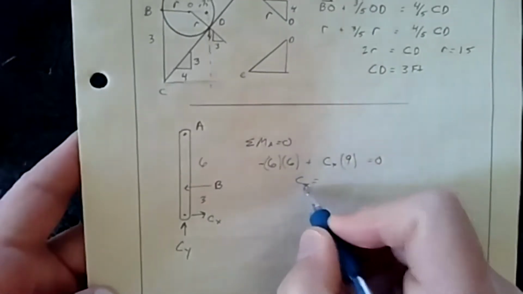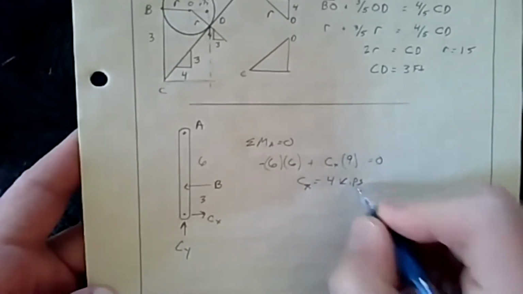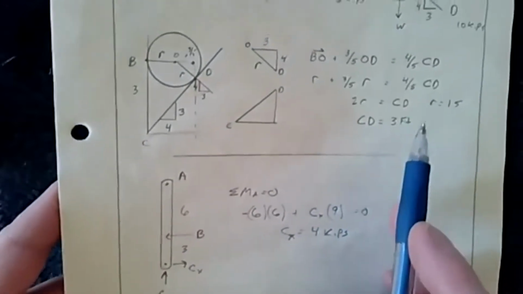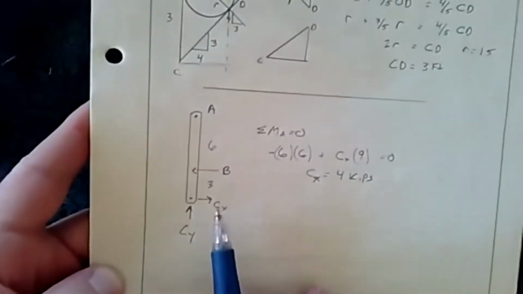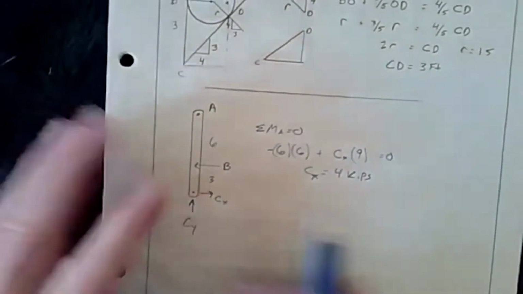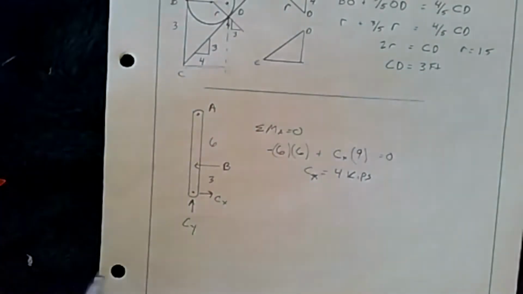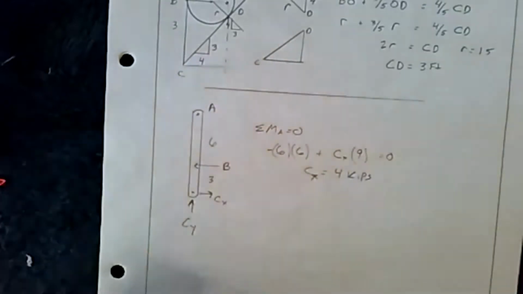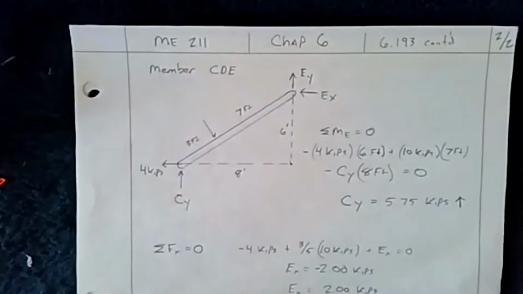All right, so it's going to be 4 kips. So we had B, which we calculated up here to be 6, because it was that side, and now we know that. Okay, so next step is to look at the actual member CDE.